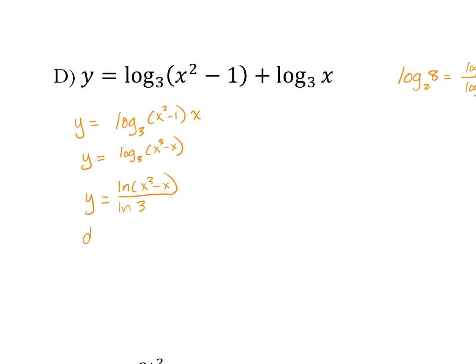So when I go to find the derivative, I'm really doing 1 over the natural log of 3 times, and that's just pulling that constant out to the front. Okay, then what is the derivative of the natural log of x cubed minus x? Well, I'm going to do 1 over x cubed minus x times, using that chain rule, 3x squared minus 1.